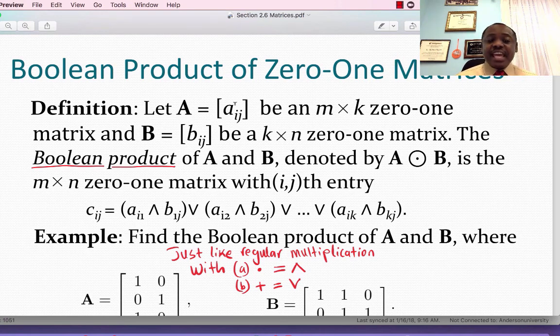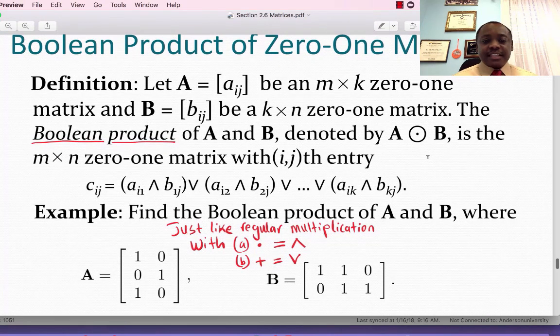So, if A is a matrix Aij and B is a matrix Bij with dimensions that permit feasibility of multiplication, then the Boolean product of A and B is denoted by A dot circle B. So not just A dot B. A dot B would be matrix multiplication, but Boolean product would be A dot circle B, or you can say A circle dot B, whatever we want to call it.